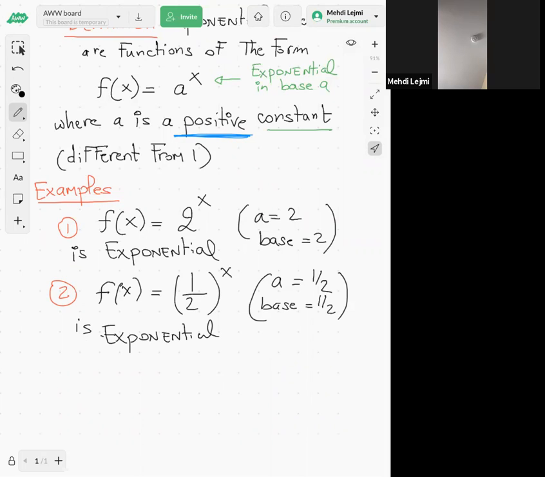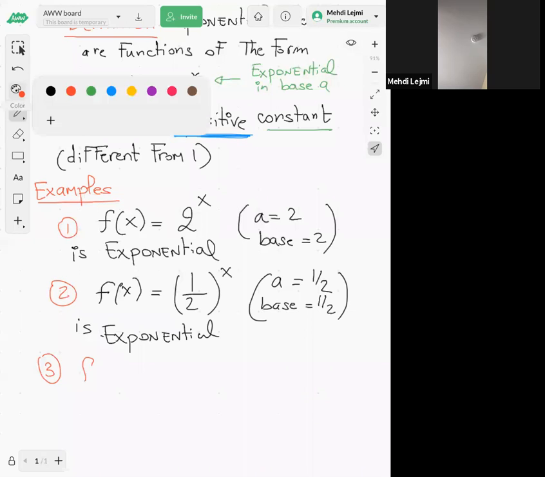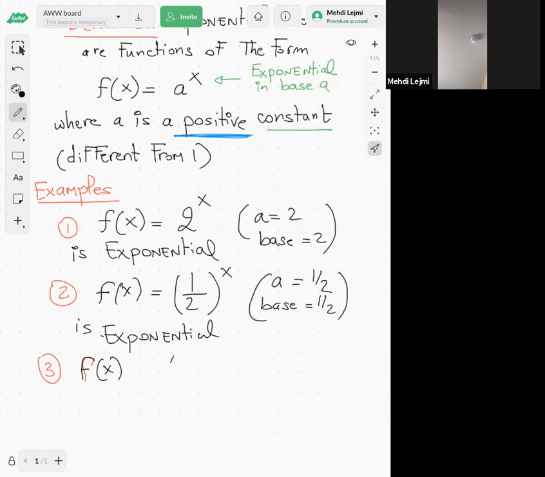Your a also could be a decimal, right? A positive whole number, positive fraction, or a positive decimal. So for example, f of x equals, let's say, 4.56713, etc., to the power x. All right, that's another example.